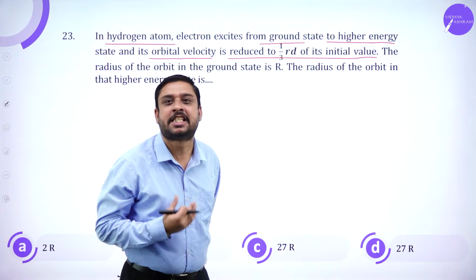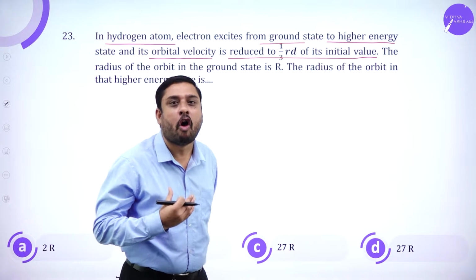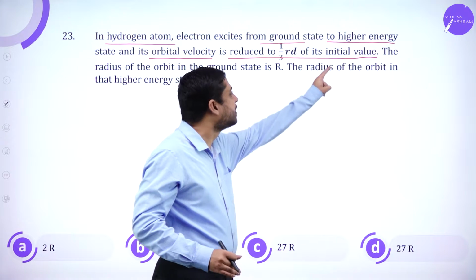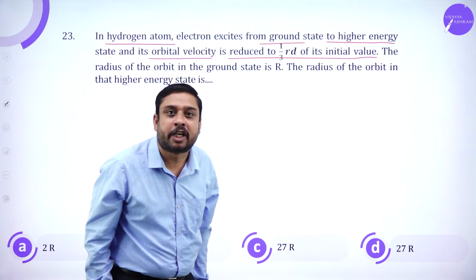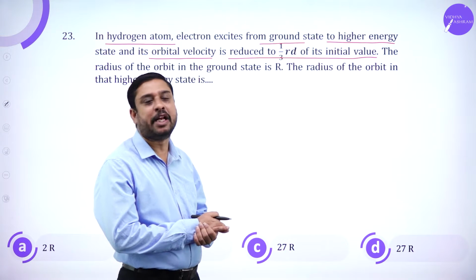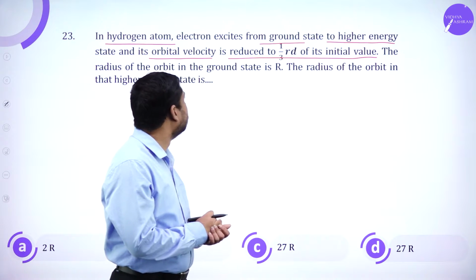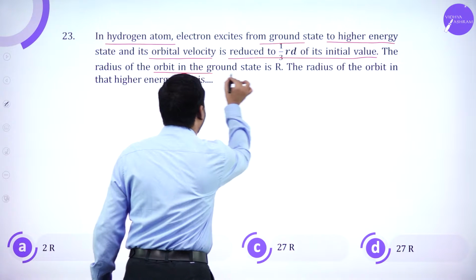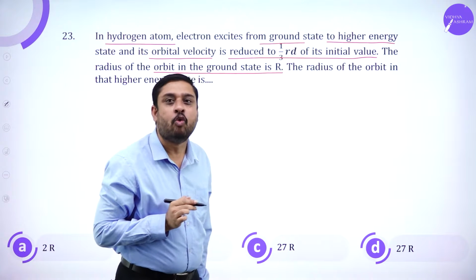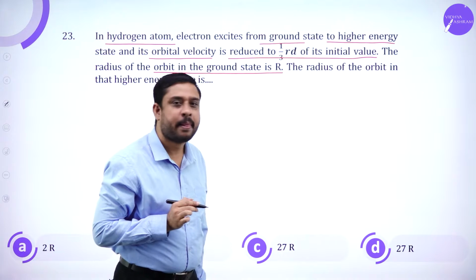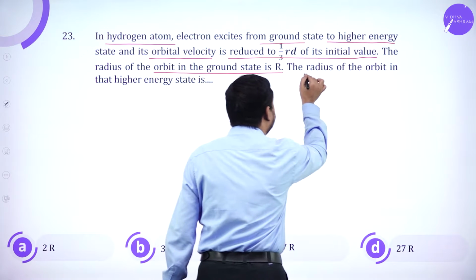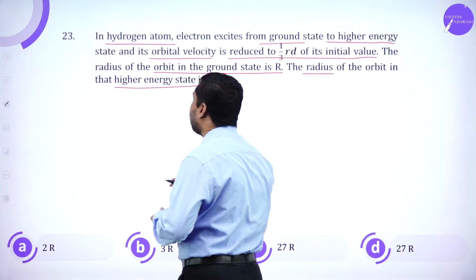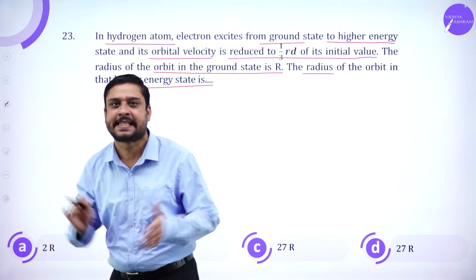The radius of the orbit in the ground state is r. Then what is the radius of the orbit in the higher energy state?